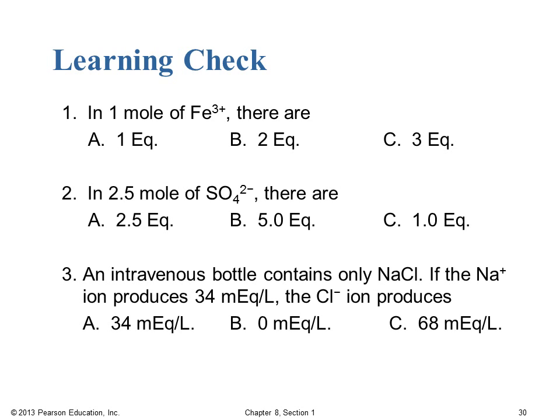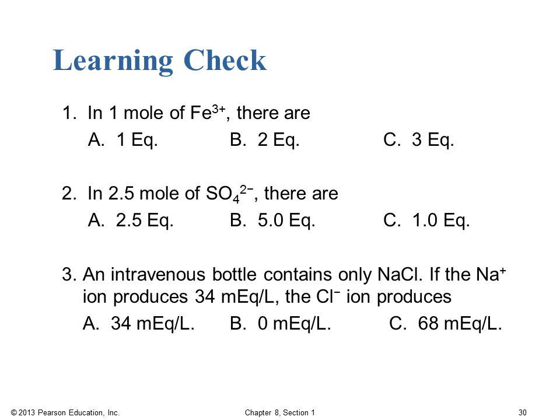That would be choice C. In number 2, we have 2.5 moles of the sulfate ion, which has a -2 charge. We multiply the moles times the charge. So 2.5 times 2, we get 5 equivalents, which would be choice B.